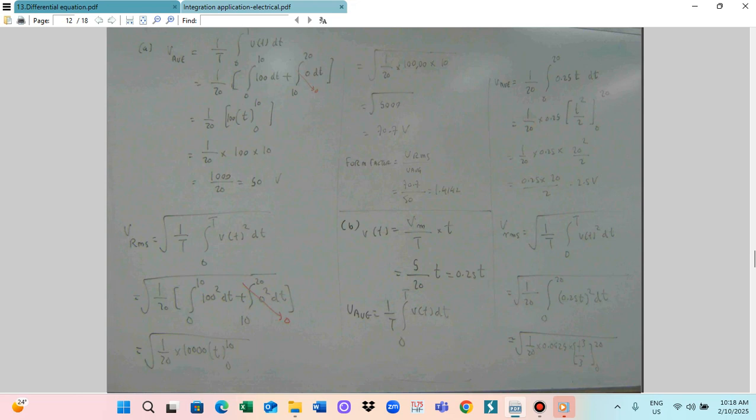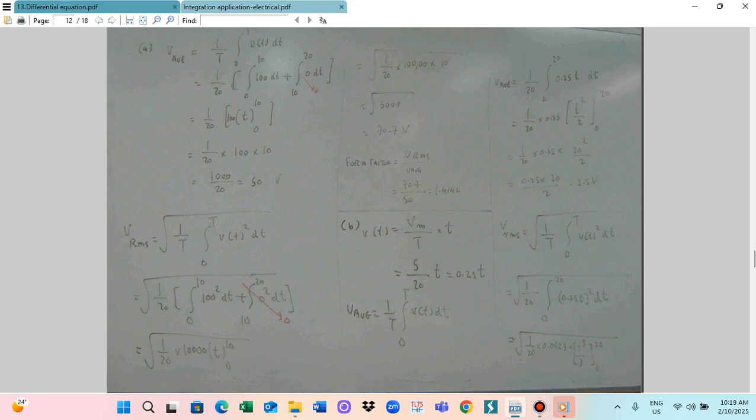So this is the square root of 5,000. So 5,000 is 70.7 volts. So the RMS is 70.7.